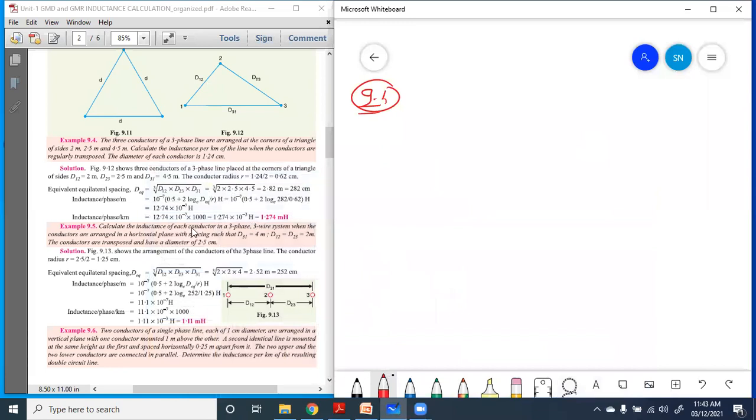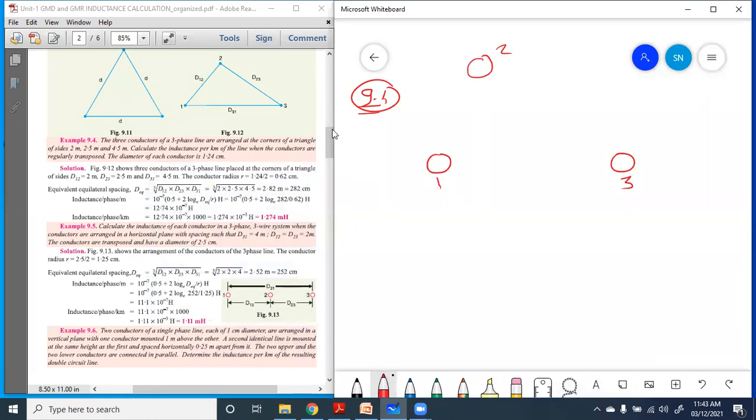Now, figure number 9.12 shows the configuration of such a line. Suppose we draw the diagram: this is conductor number 2, this is conductor number 1, and this is conductor number 3.